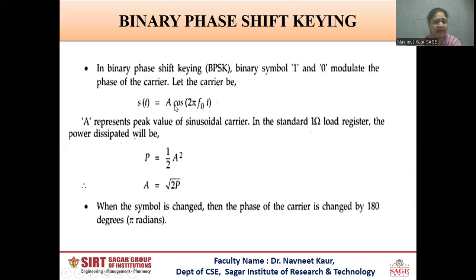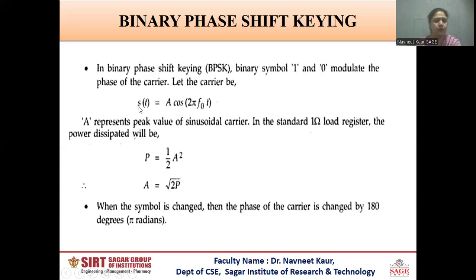Now here we can find out the power of the carrier signal, which is always given by A square by 2, where A is the maximum amplitude of the carrier signal. From this equation, I can find A is given by root 2P. So, instead of having A here, I can also write root 2P.